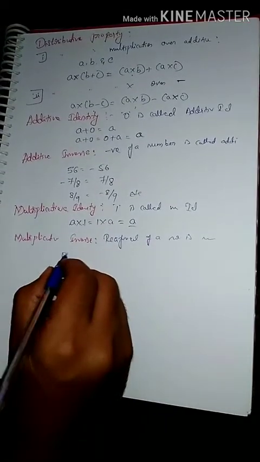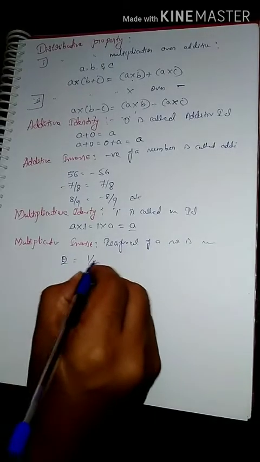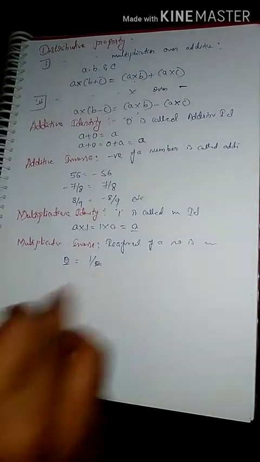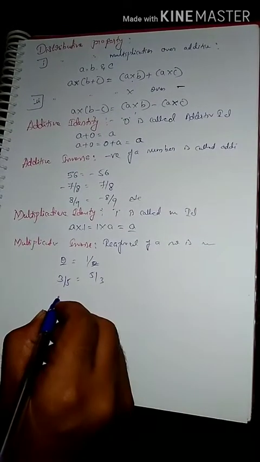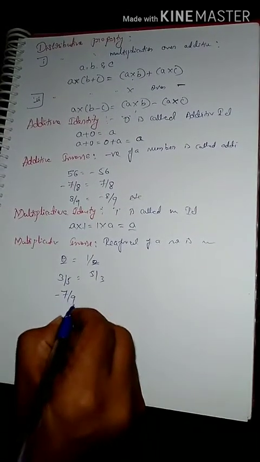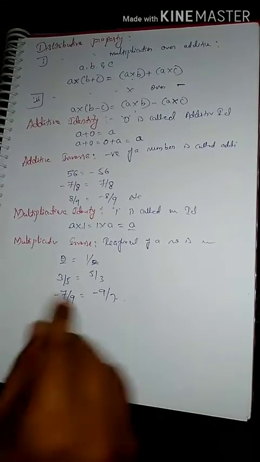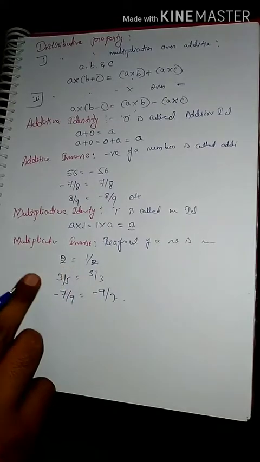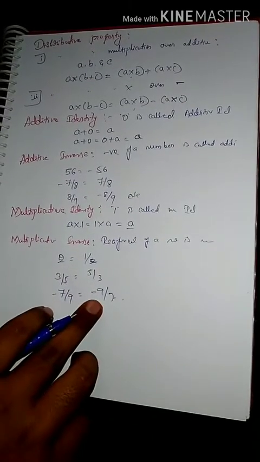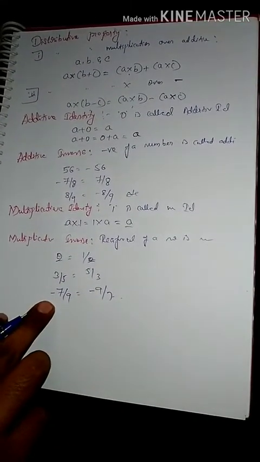For example, the multiplicative inverse of 2 is 1 by 2. The multiplicative inverse of 3 by 5 is 5 by 3. And the multiplicative inverse of minus 7 by 9 is minus 9 by 7. So here 1 by 2 is the multiplicative inverse of 2, 5 by 3 is the multiplicative inverse of 3 by 5, and minus 9 by 7 is the multiplicative inverse of minus 7 by 9.